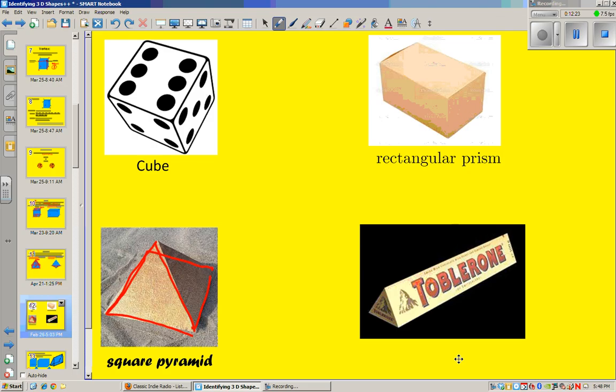And then the last object here is a triangular prism. Threw that one at you a little bit, but it has a face that is a triangle, so we call it a triangular prism. Its other faces here are rectangles, but it is a triangular prism.